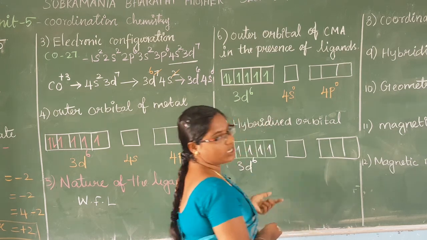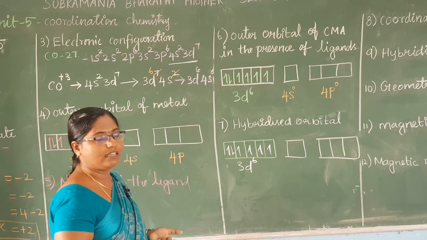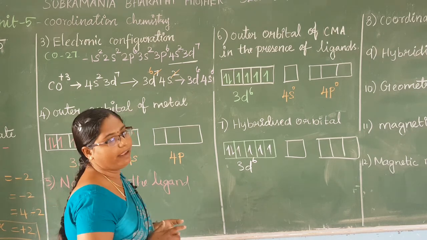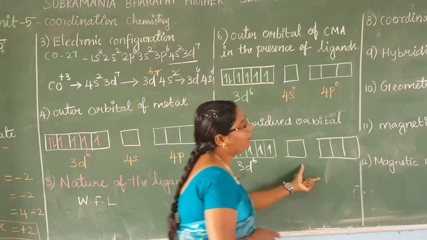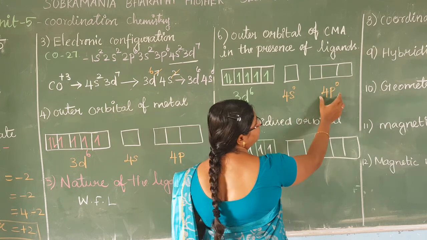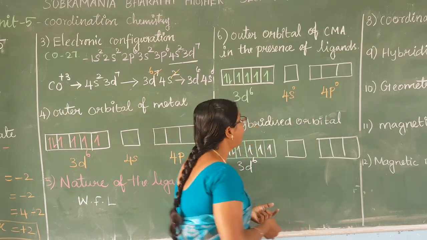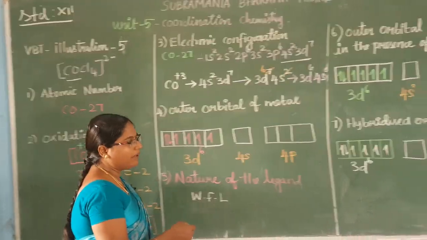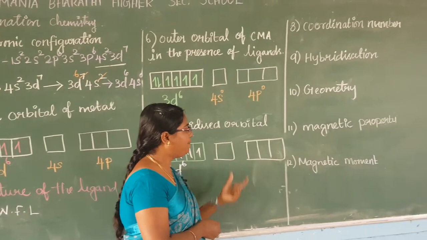What is hybridization? Hybridization is the mixing of atomic orbitals of the same energy. Here the s orbital is going to mix with the p orbital. Since we have only 4 ligands, I need only 4 degenerate boxes.